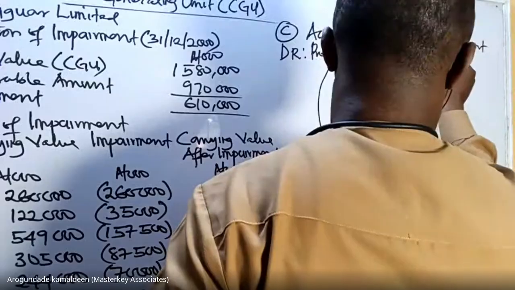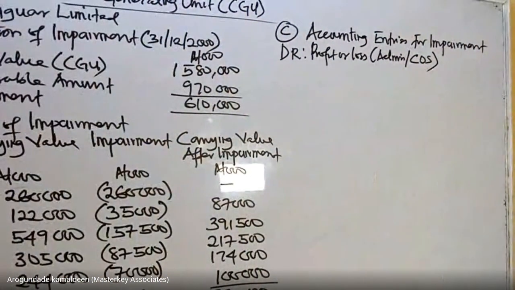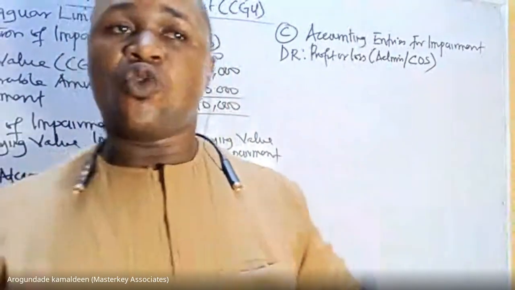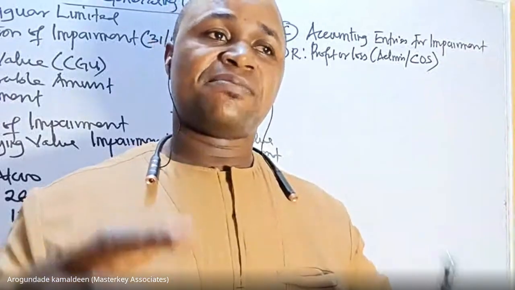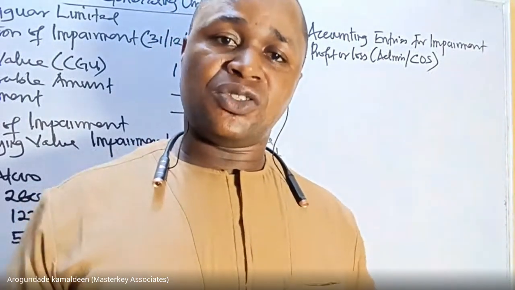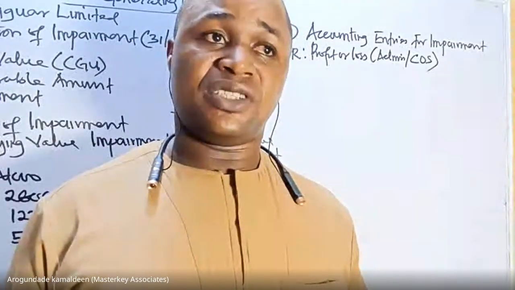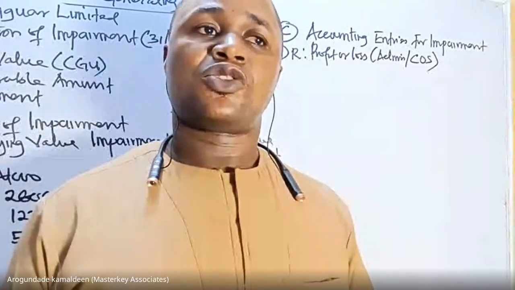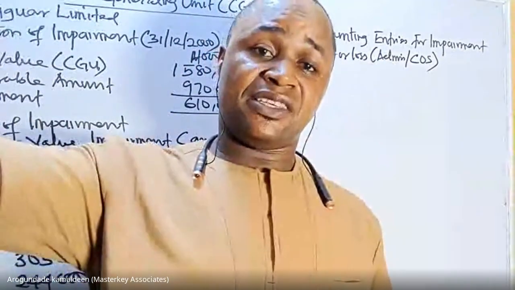The cost of sales. Now, the impairment. I said that when you do your impairment, the treatment depends on the method used to carry the asset. Is it cost model or revaluation model? Under the cost model, the impairment goes to the profit or loss.